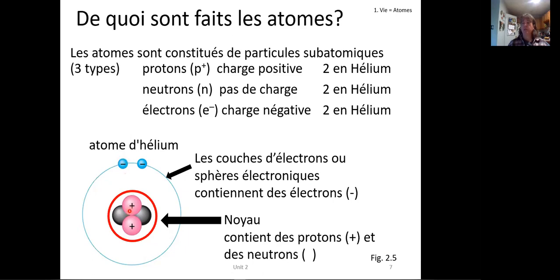So if we have an equal number of electrons and protons, we will have a neutral charge, because 2 positives cancel 2 negatives. This will be important to know when we talk about bonds.